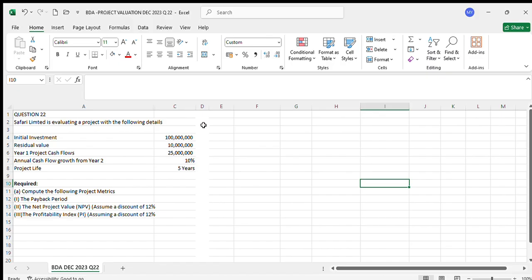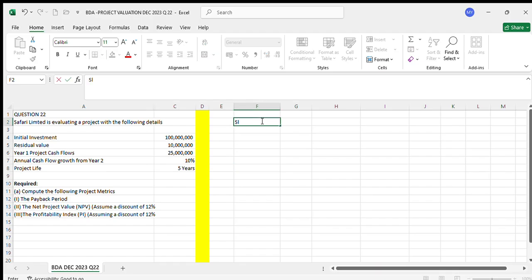So let's start. We can use this side. We can put a color so that we can do the solution on this side. Solution, and we can bold.